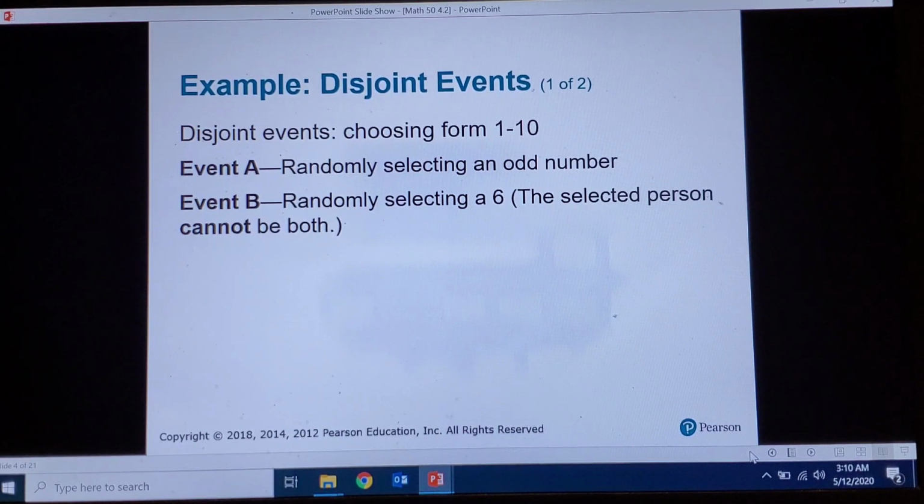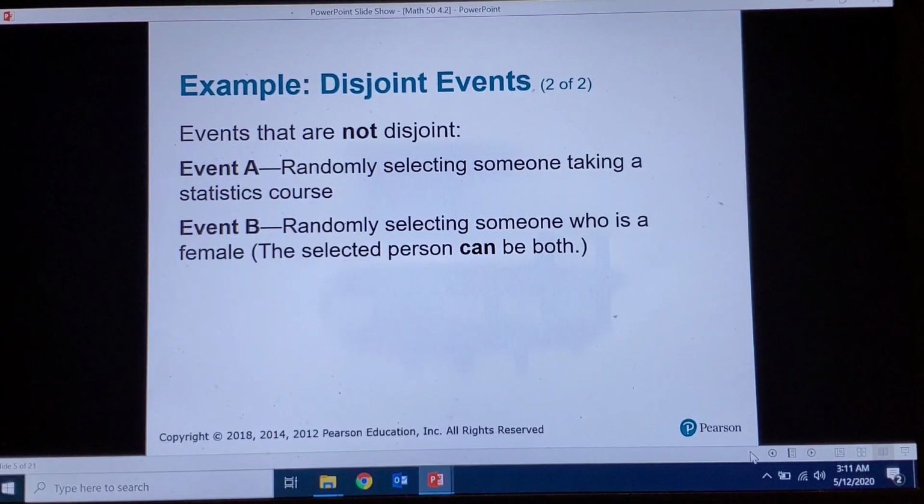So this is the first thing. Whenever you're calculating a probability, you want to decide if the events are joint or disjoint, meaning can they happen at the exact same time? Something that's not disjoint: let's say you're randomly selecting someone to take a stats course, and a second event is randomly selecting someone who is a female.